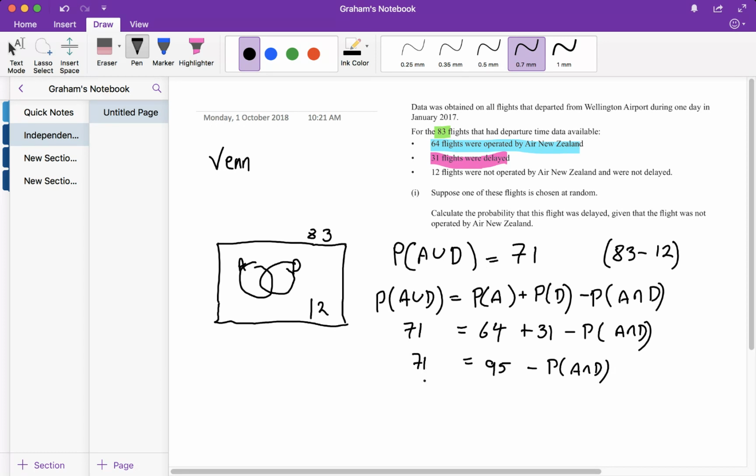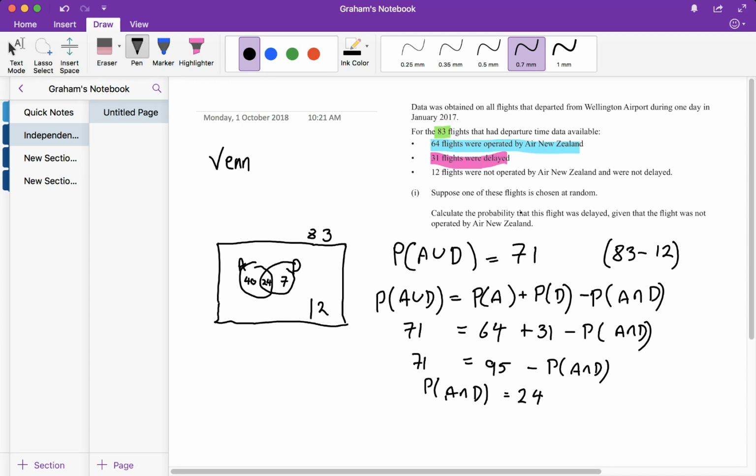So probability of A and D, well, 95 minus what is 71? I think that's 24. So I now know that the middle bit is 24. If there's 64 in Air New Zealand and 24 in there, this bit must be 40. And if there's 31 that's delayed and 24 are in there, that means that that is 7.